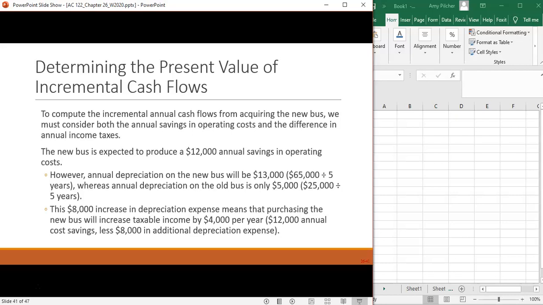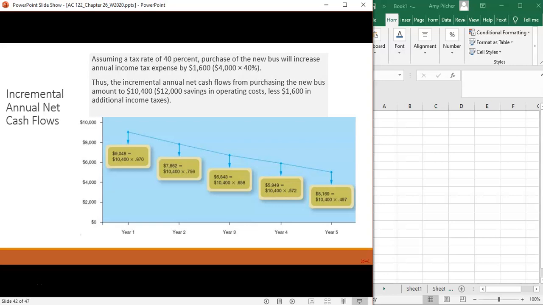So we have additional depreciation expense and we have tax consequences. So we're going to look at this example. If we have a 40% tax rate, then purchase of the new bus increases our annual income tax by $1,600 because we have increased expenses.